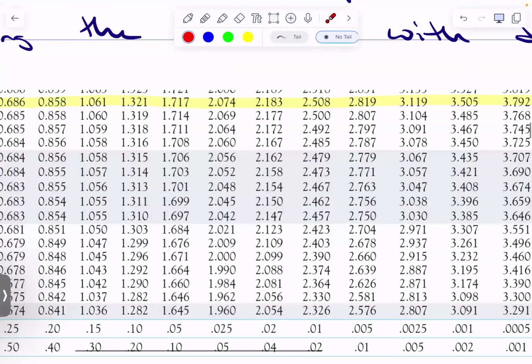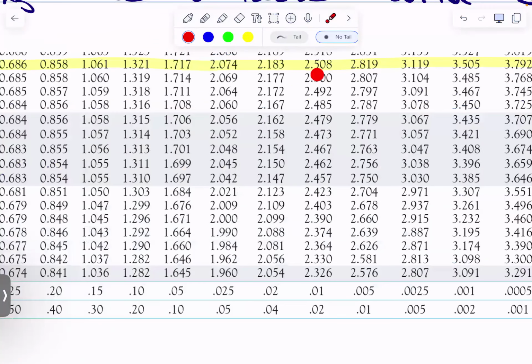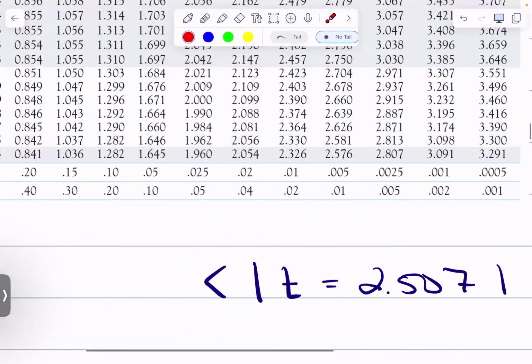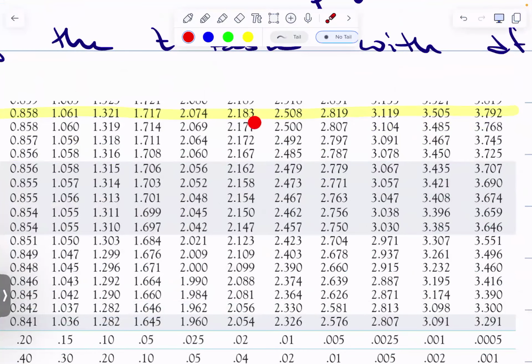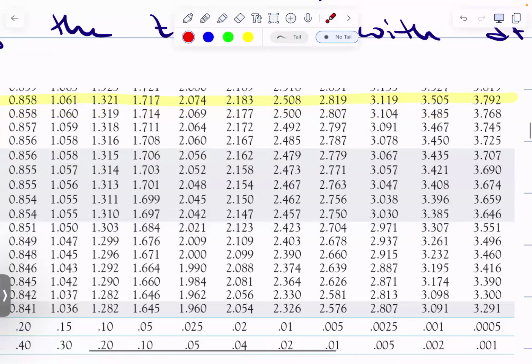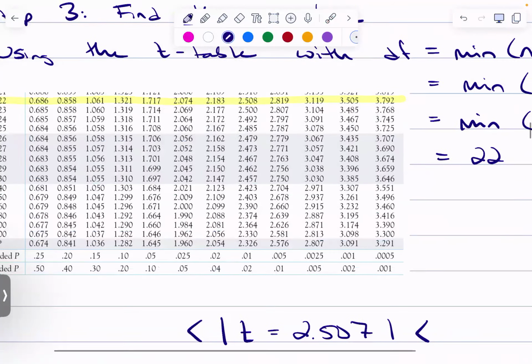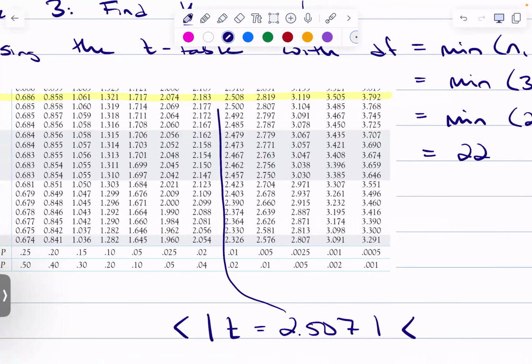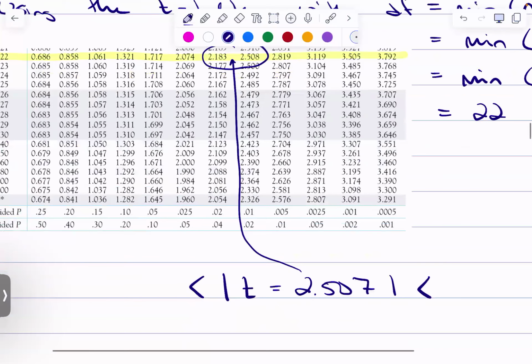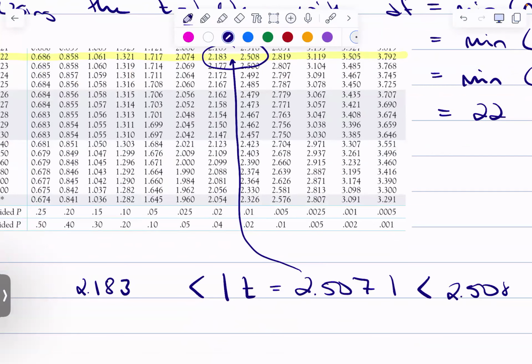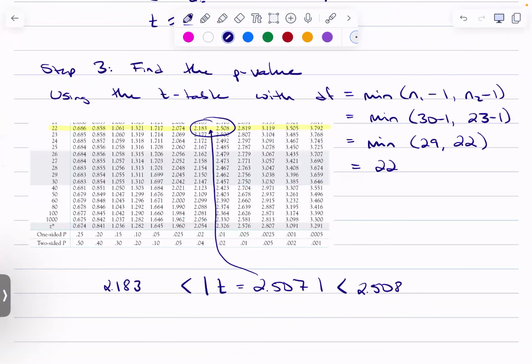Oh, it's a close one too. 2.507 is going to be between 2.183 and 2.508. Let me zoom out just a little bit. This is going to be in here. So I write 2.183 and 2.508.